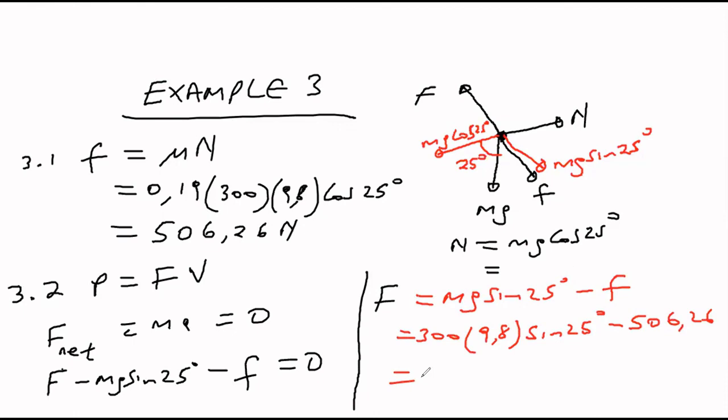Then we can get the answer here, which is 300 times 9.8 sine 25. Okay, friction will also be positive, plus 506.26.